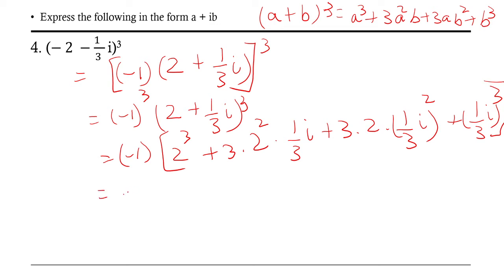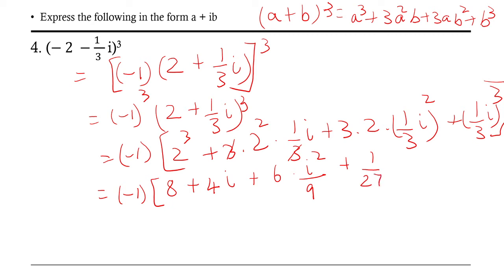So this is equal to -1 into, here I'm simplifying, this 3 and this 3 will cancel out, 2³ is 8 plus 2² is 4i plus 3 into 2, 6 into i² by 9 plus 1 by 27 i³.